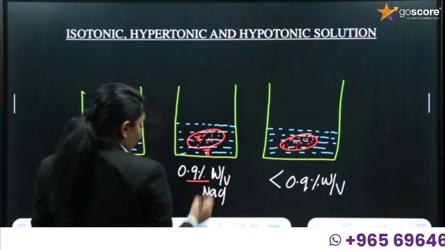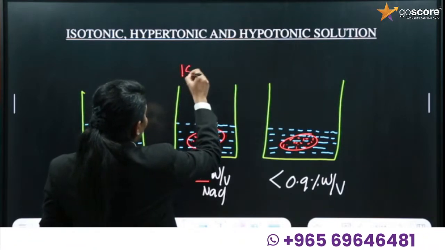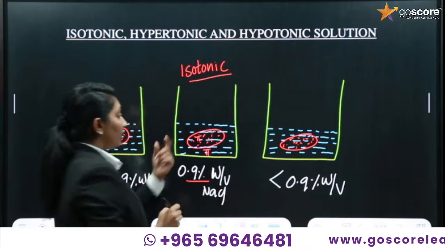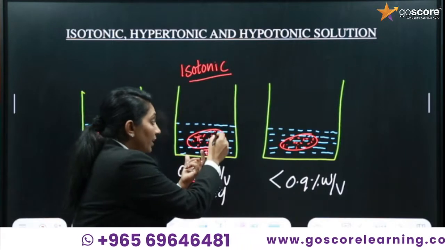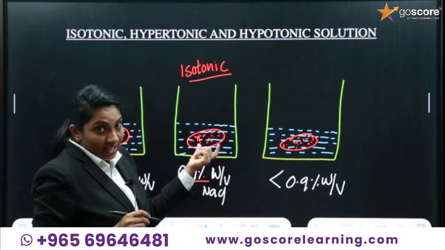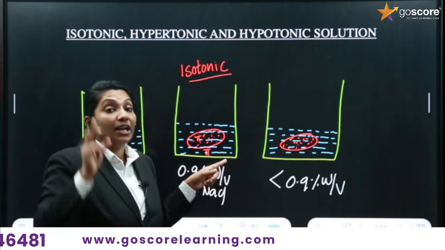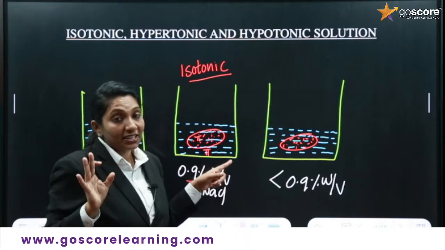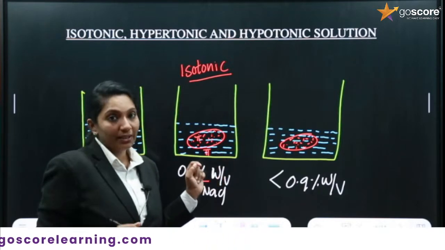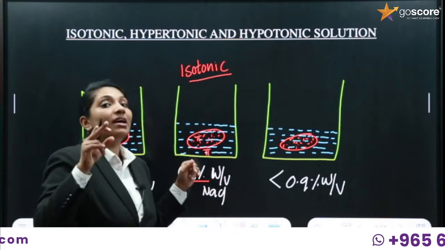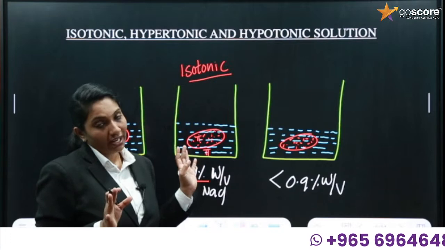This is an isotonic solution, because the osmotic pressure exerted by the fluid inside the blood cells is equivalent to the osmotic pressure exerted by 0.9 percentage weight by volume of sodium chloride solution. Since the osmotic pressure of both the liquids is the same, it's an isotonic solution, right?